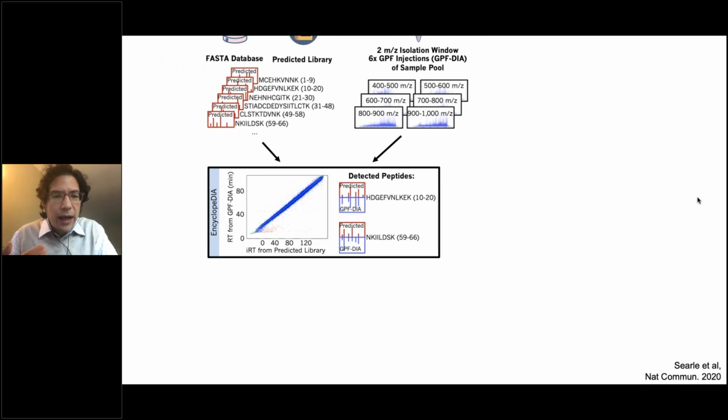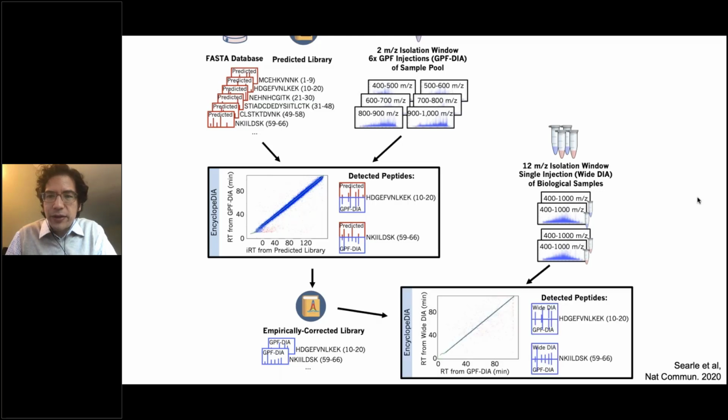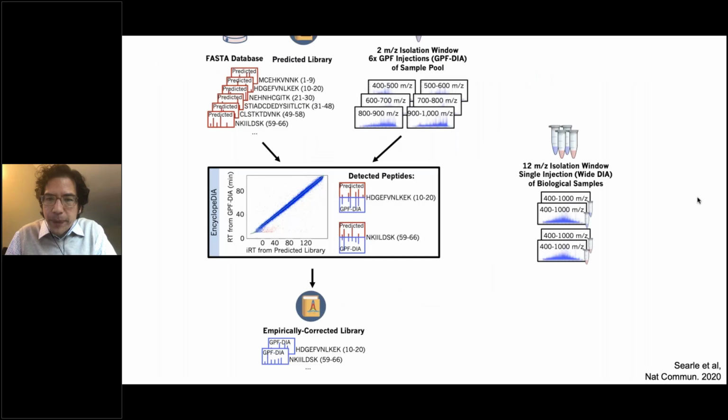So in this case, we have now mapped a predicted spectrum or predicted peptide to a gas phase representation of that peptide. And we can combine all these DIA spectra into what we call an empirically corrected chromatogram library, or DIA-only library.